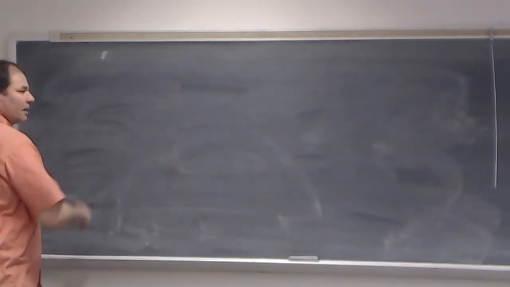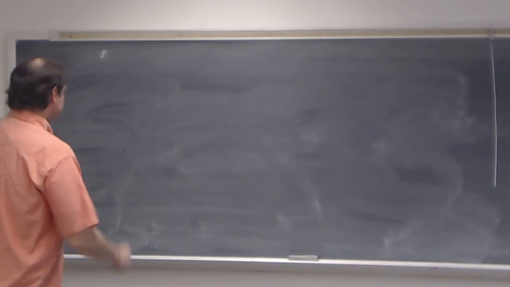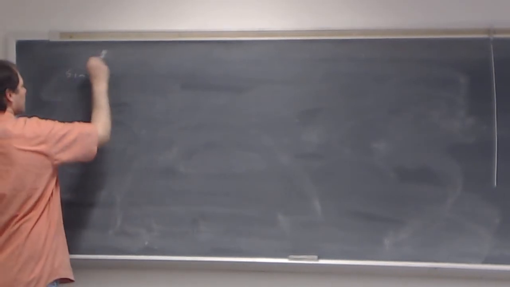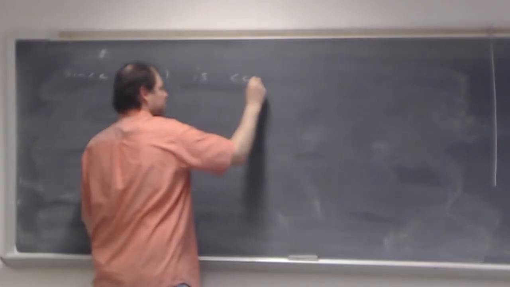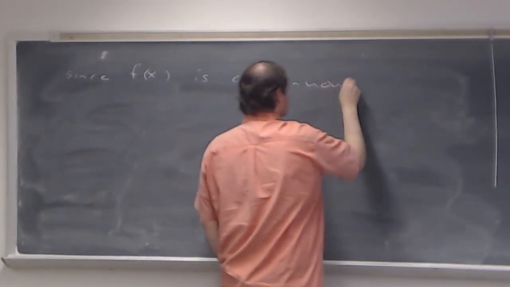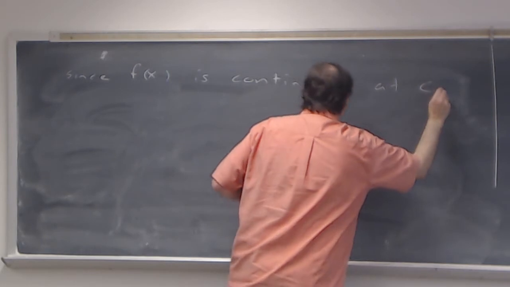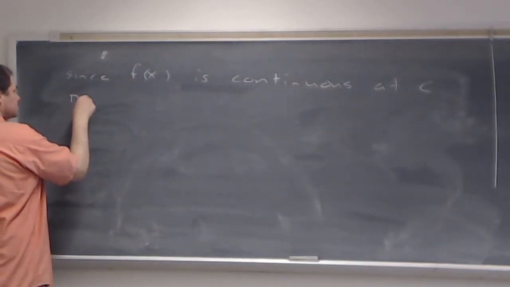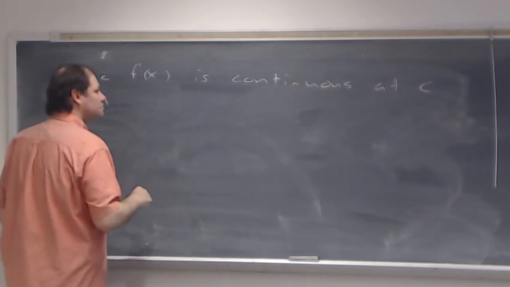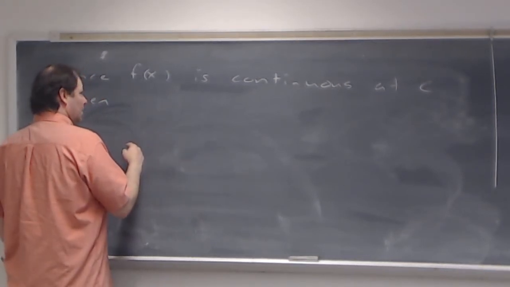So here's what I'm going to do. I'm going to say this. Since f of x is continuous at c, then we've been given this epsilon.